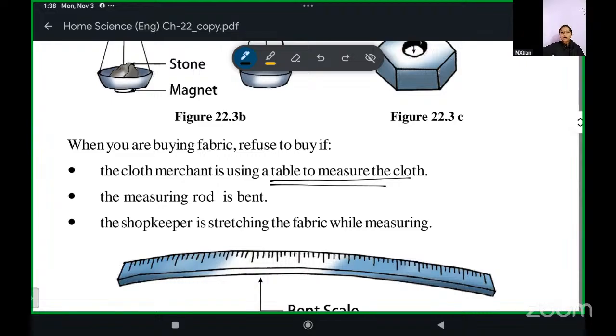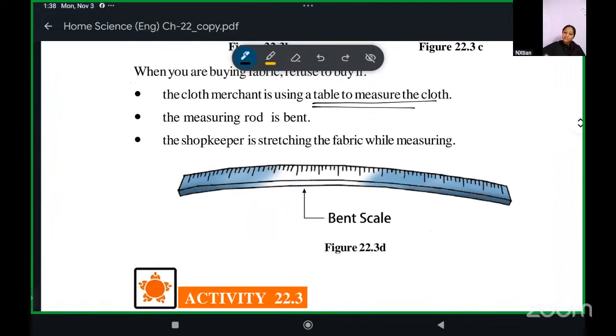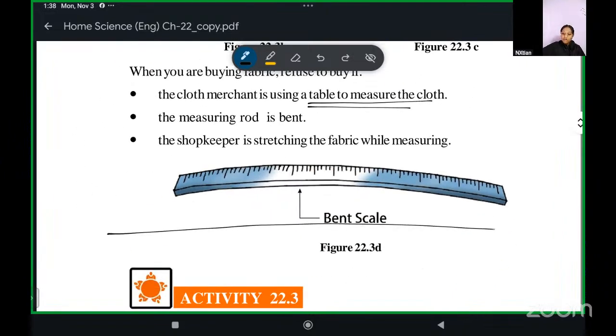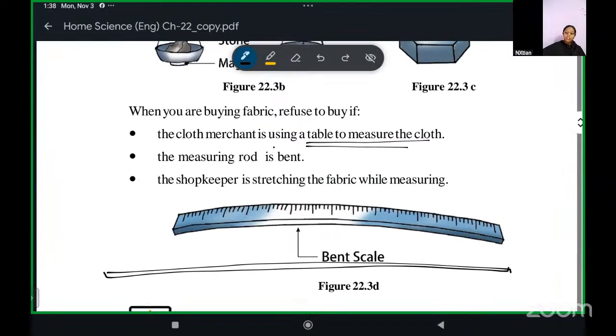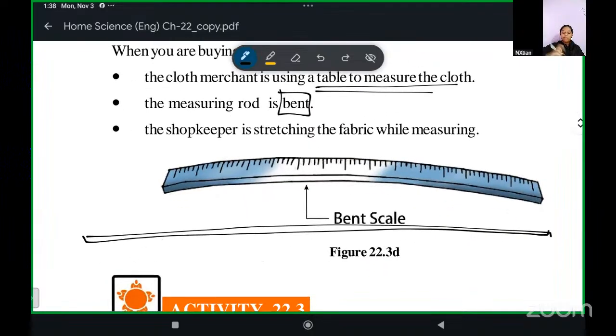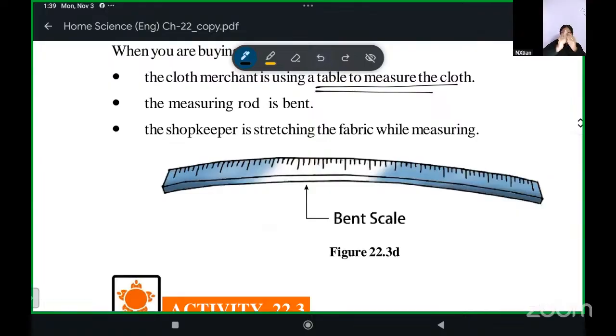Then check if the measuring rod is bent. They have measuring rods of 1 meter or 2 meters with which they measure our clothes. It should not be bent. It should be straight. And then, check if the shopkeeper is stretching the fabric while measuring. Some fabrics have elasticity, meaning they can be stretched.